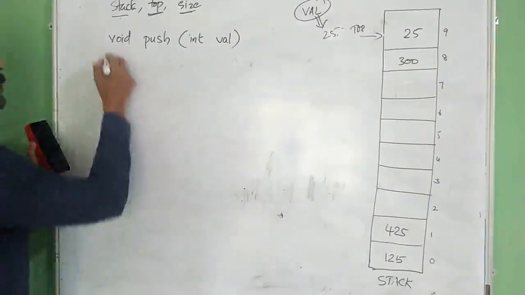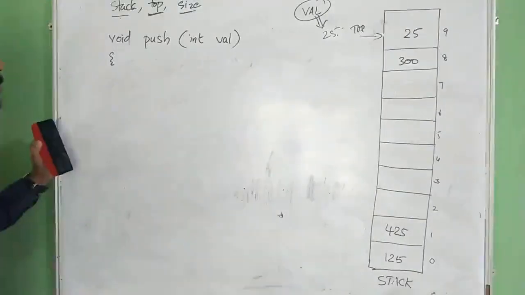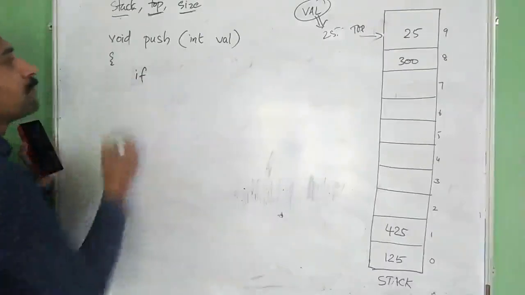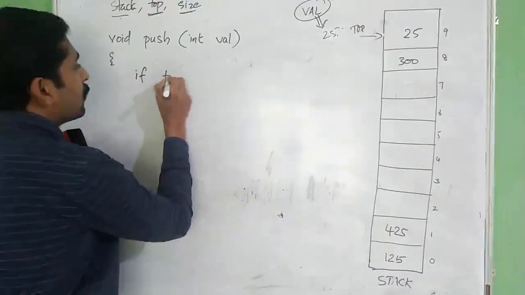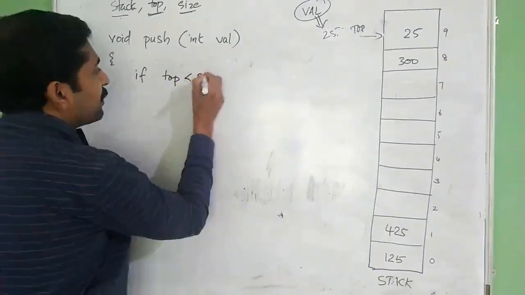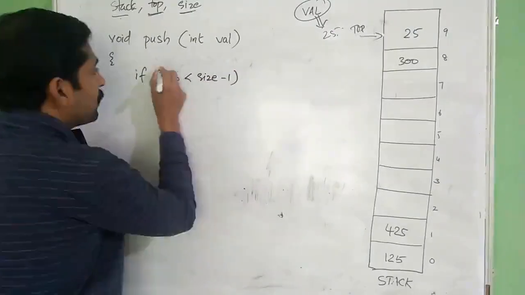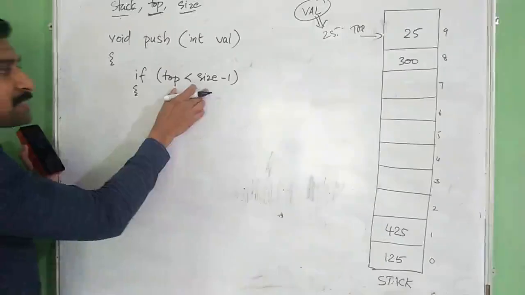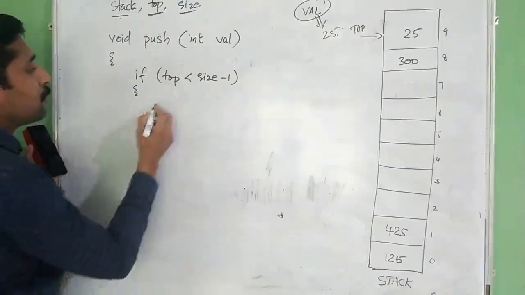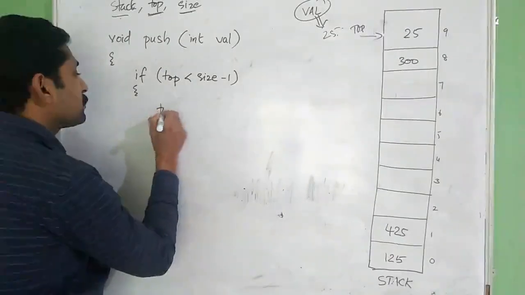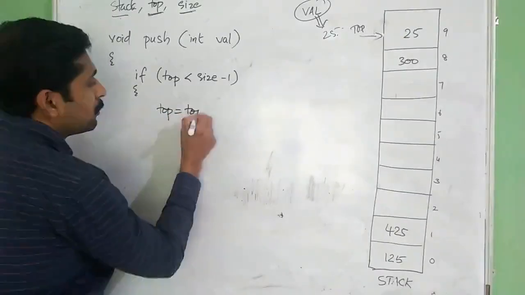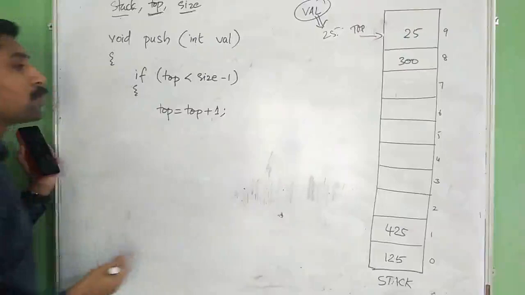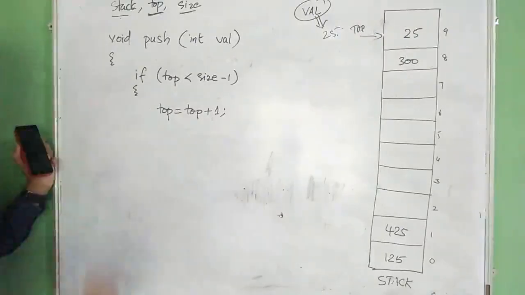Now when push is called, we have to check if top is less than size minus 1. If this condition is satisfied, we perform top equal to top plus 1, or top plus plus.